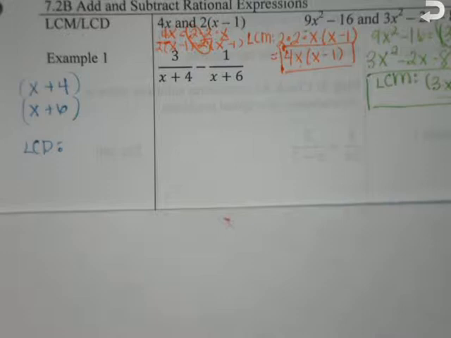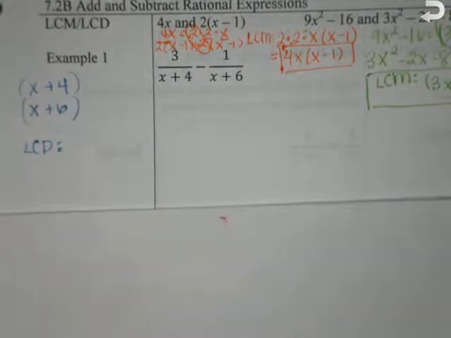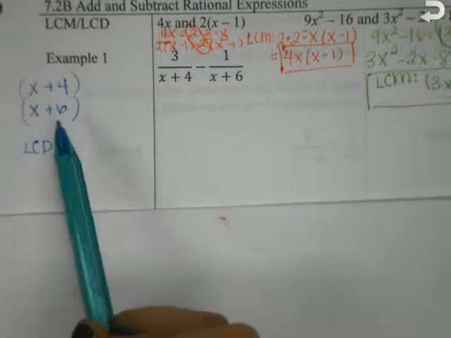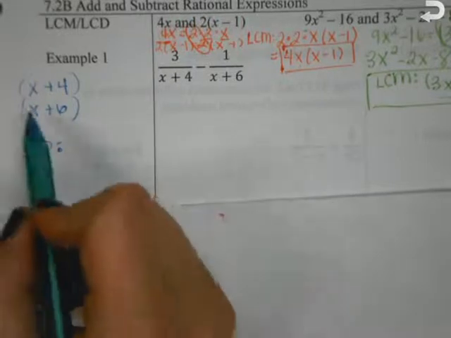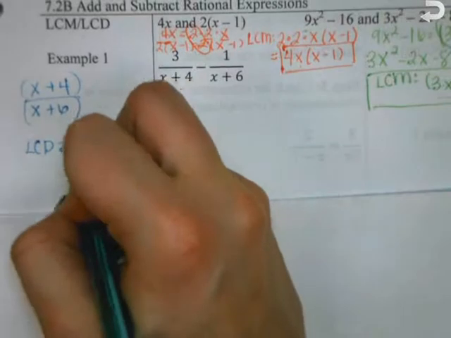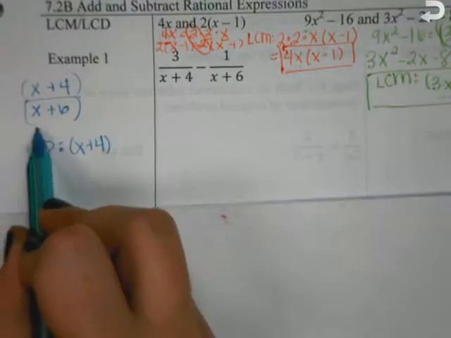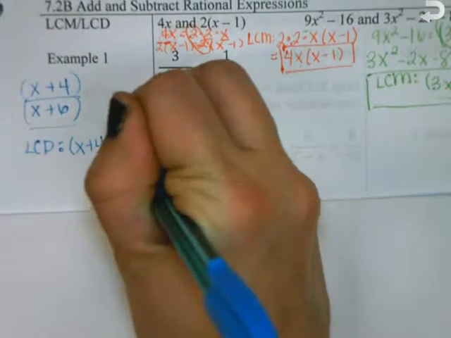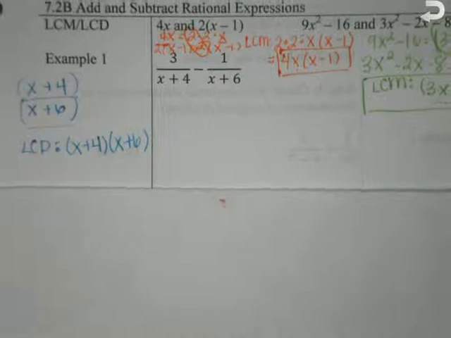Do these two terms have anything in common? No. This one's an x plus 4 and this one's an x plus 6. So then I have to include everything that they don't have in common. So what do they not have in common? X plus 4 and the other one is x plus 6. So my LCD is x plus 4 times x plus 6.